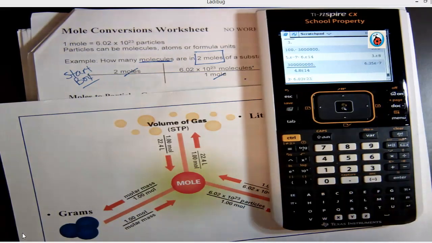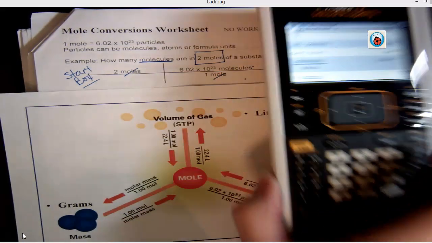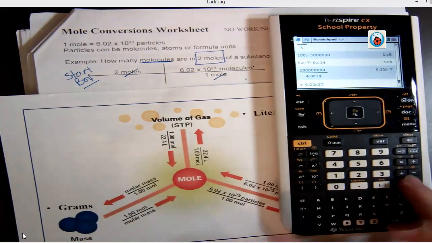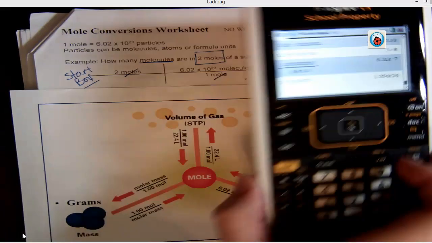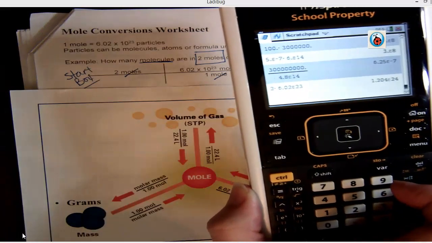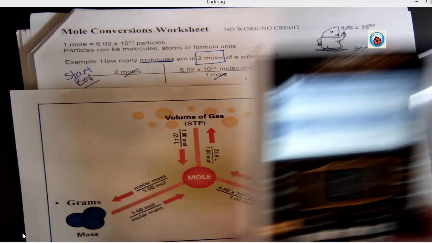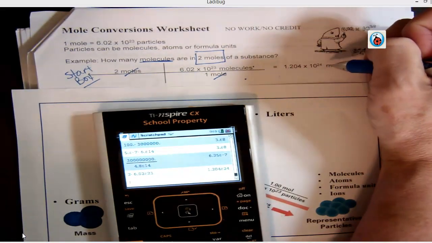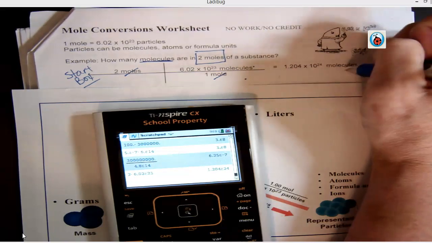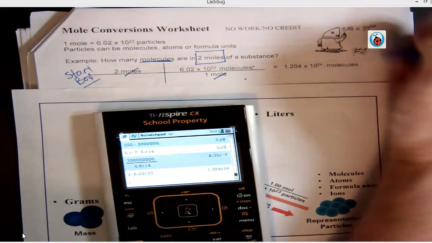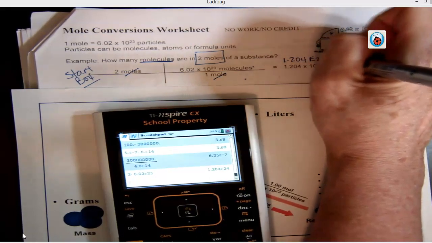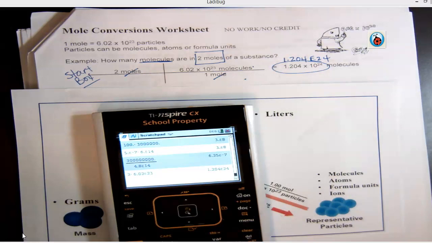Okay, so it says E23. Can you see that? E23. All right, and I'm going to hit enter. And see what I get? I get 1.204 E24. But when I go to write that on my paper, I don't write E24. I write times 10 to the 24th. Okay? This is calculator talk. But this is what I want to see on your paper.